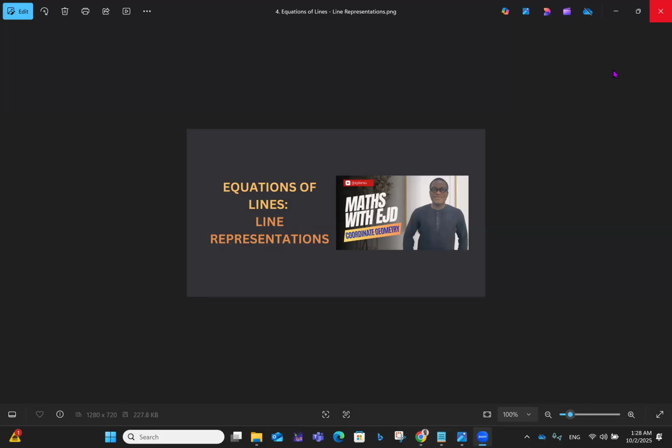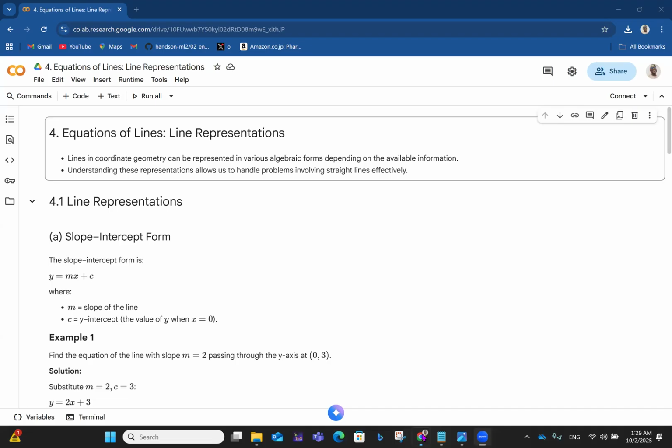So the fact that we can represent a point on the Cartesian coordinate system, and when you join 2 points together, you get a straight line. And because you can join those 2 points together like that, you can then form an equation based on those 2 points. And that is the kind of thing we're looking at here. So equation of lines, talking about line representation to start with.